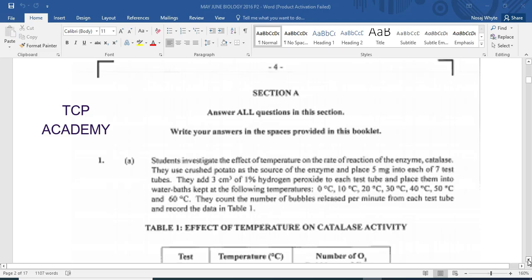They count the number of bubbles released per minute from each test tube and recorded the data in a table.